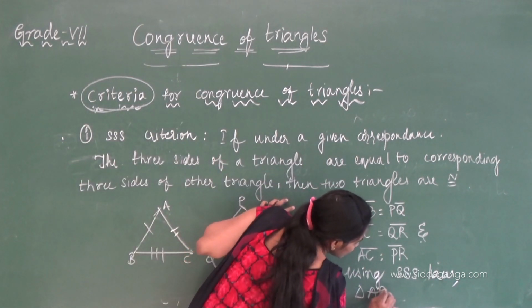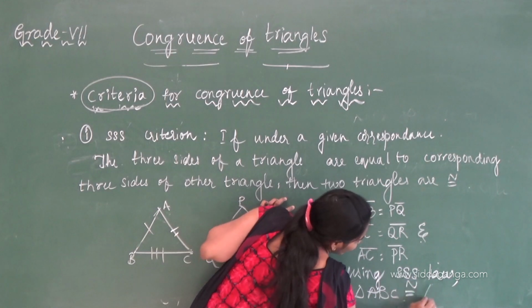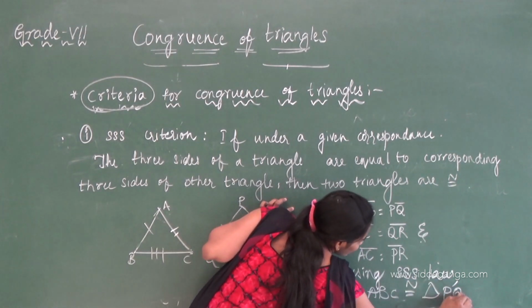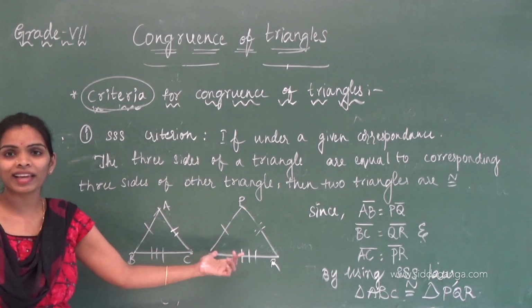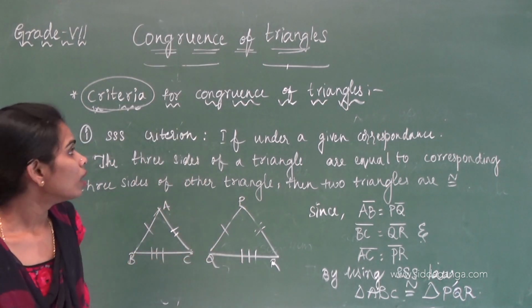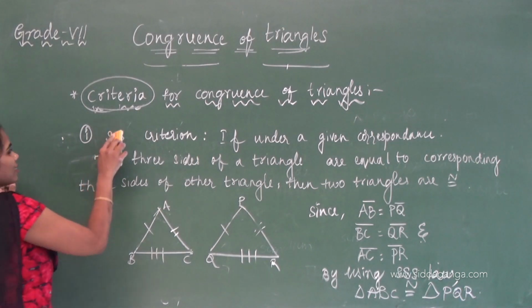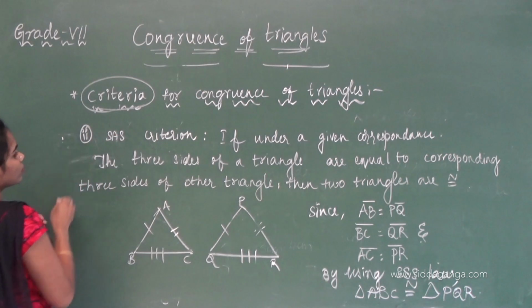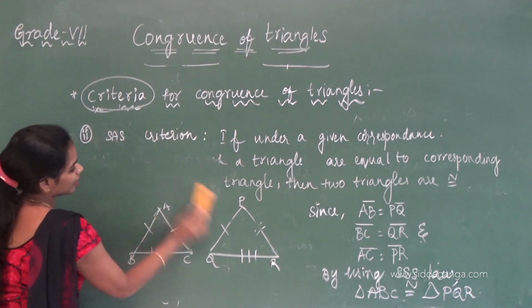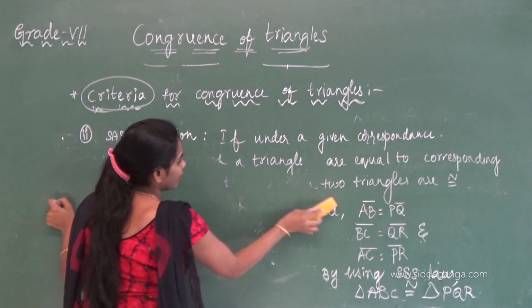Triangle ABC is congruent with triangle PQR. Okay. And then the SAS criteria.